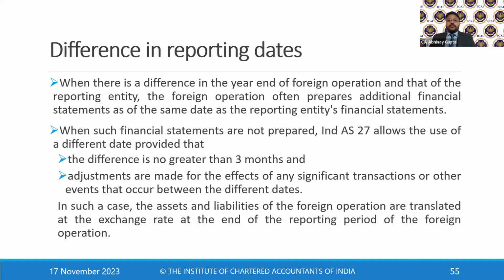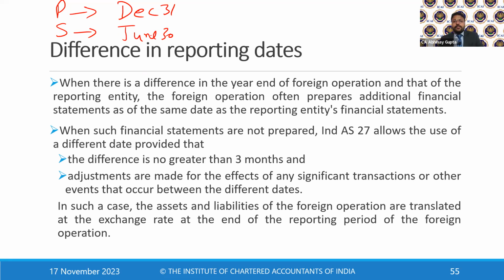Now, if the parent company needs to prepare the consolidated financial statements, that consolidated financial statement has to be prepared for a particular period and on a particular date. Suppose the parent year end is December 31 and the subsidiary or the foreign operation year end is, say, June 30th.